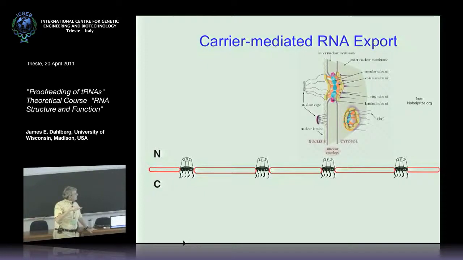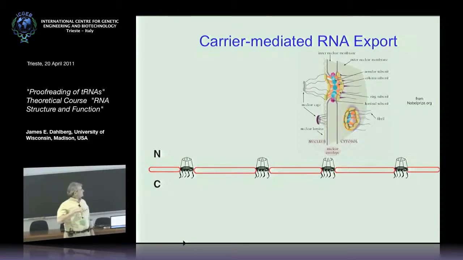I've just shown a blow-up of the nuclear pore complex here that I got off the web, which shows on the nuclear side there's something called the nuclear cage, and on the cytoplasmic side there are fibrils that go into the cytoplasm.